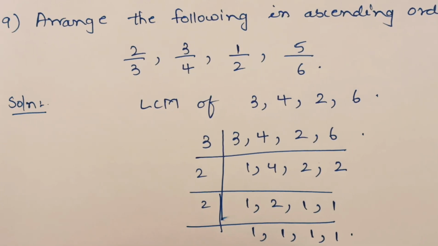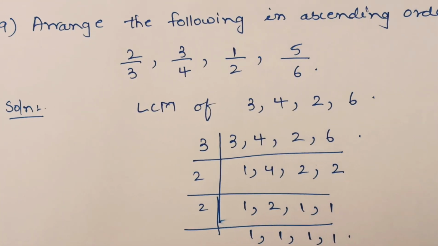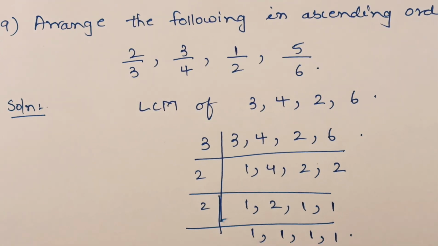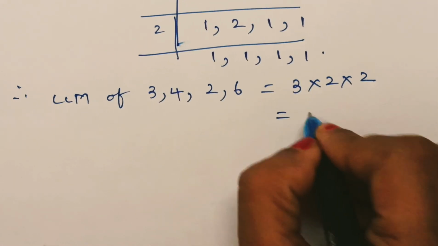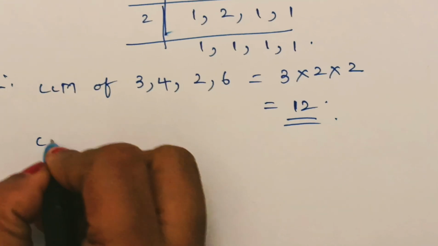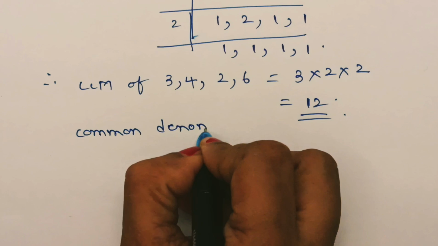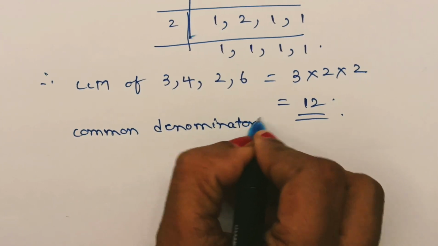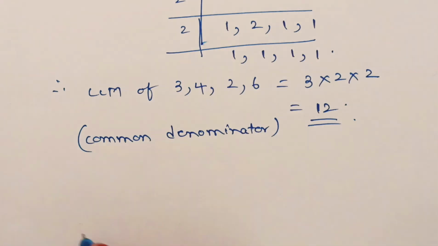Therefore, LCM of 3, 4, 2, 6 equals 3 into 2 into 2, which is equal to what? 3 twos are 6, 6 twos are 12. This is nothing but your common denominator. Very important question. This question is very important.